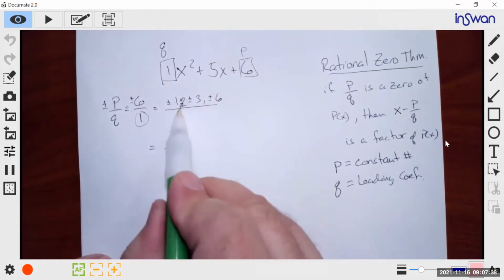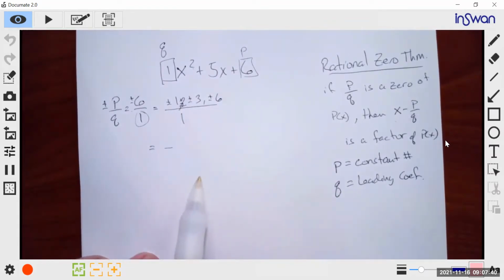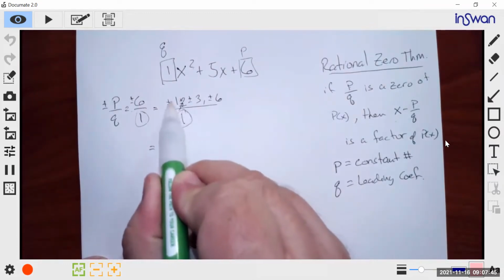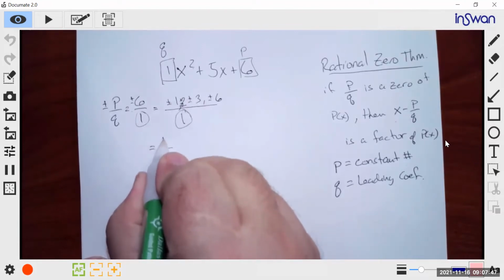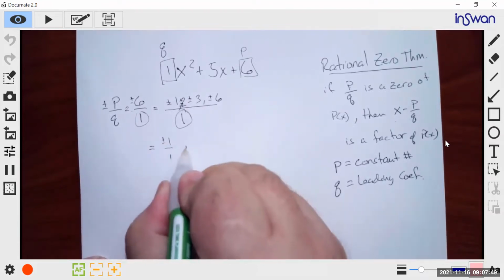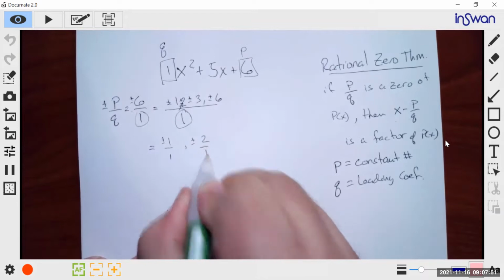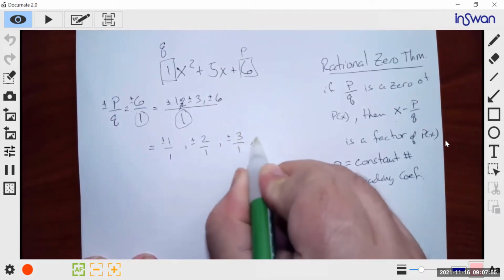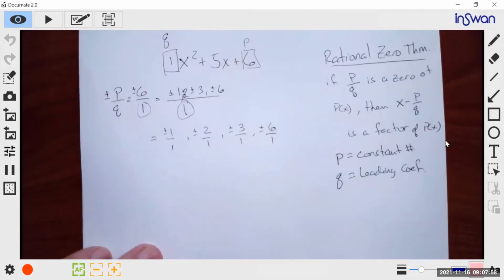So let's look at all the possible rational factors. Since we only have one denominator, we take each of these. We have plus or minus 1 over 1, plus or minus 2 over 1, plus or minus 3 over 1, and plus or minus 6 over 1.